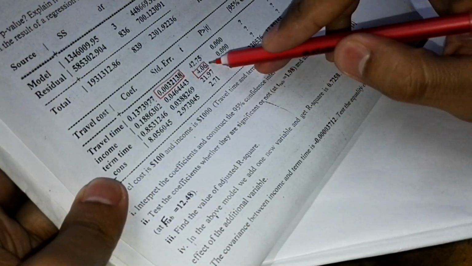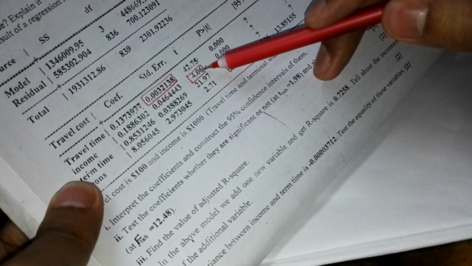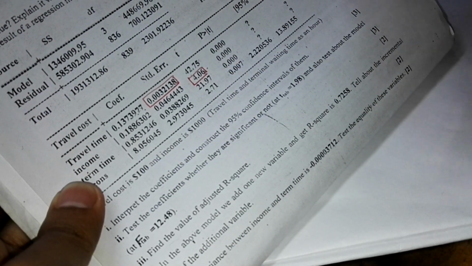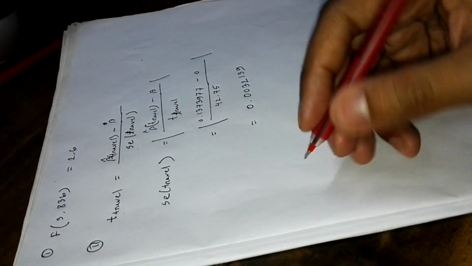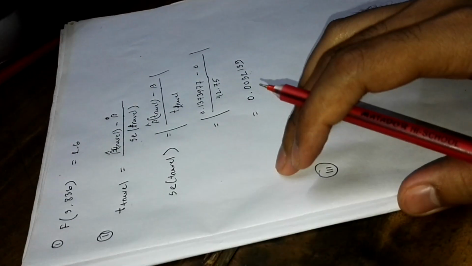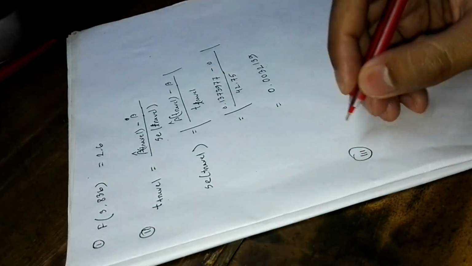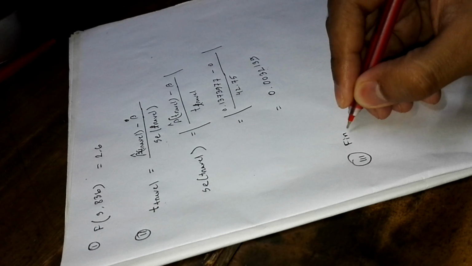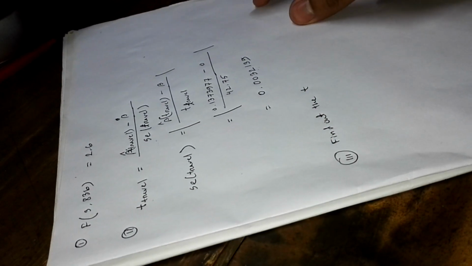Alright, the second one is, we want to know the t-value of income. If the t-value is absent here, how would you be able to find it? Okay, the same process. So let's find out the t-value, t of income.